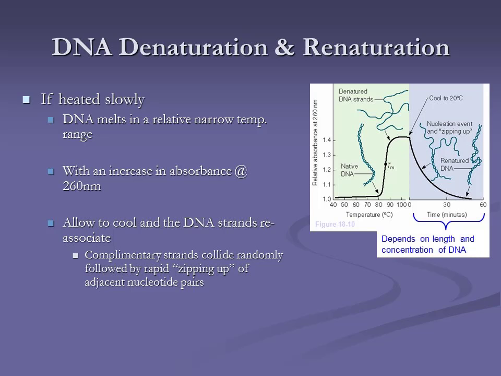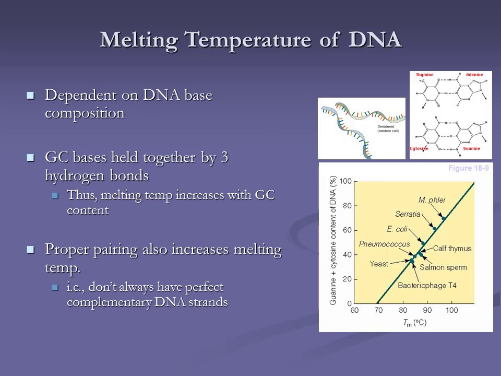So we talked about the ATCG. Here is a practical example. As we increase our GC content, we see bacteriophage, salmon sperm DNA, calf thymus, E. coli. As we look at almost a straight line of our different species, we find that the higher the GC content, the more temperature, the more energy is required to break.